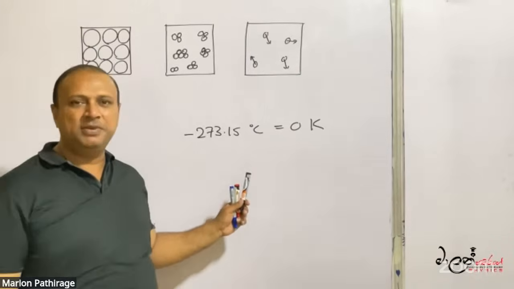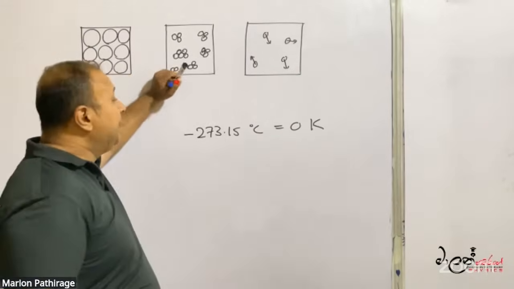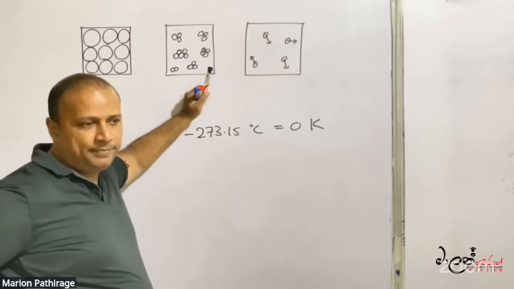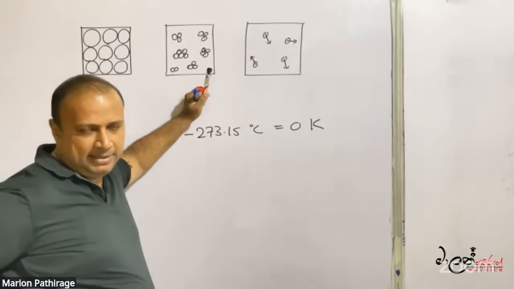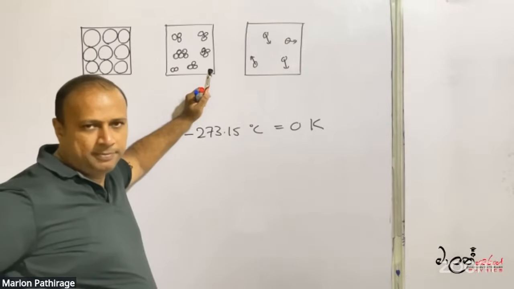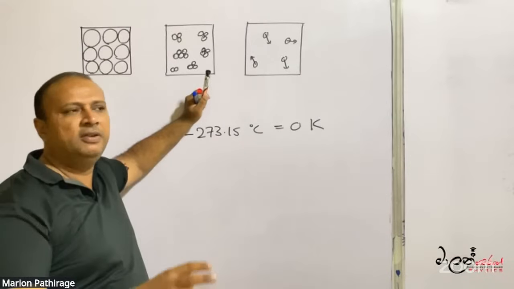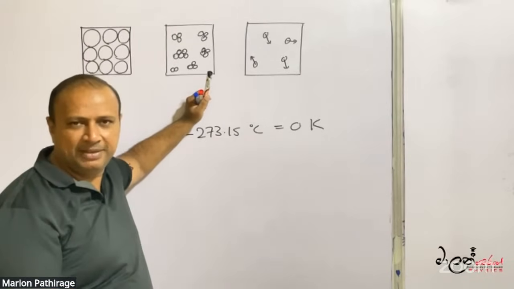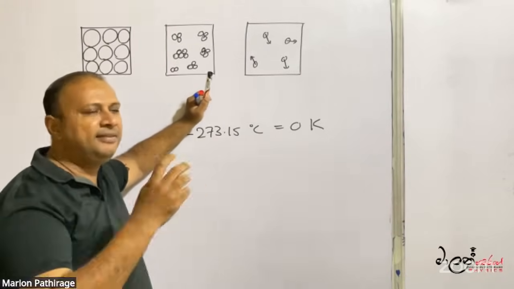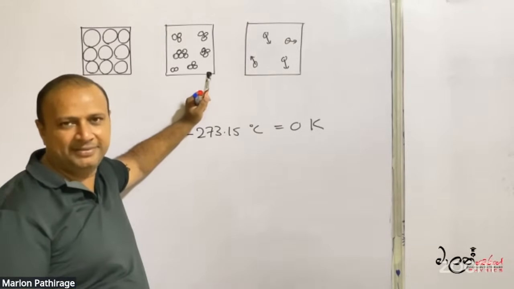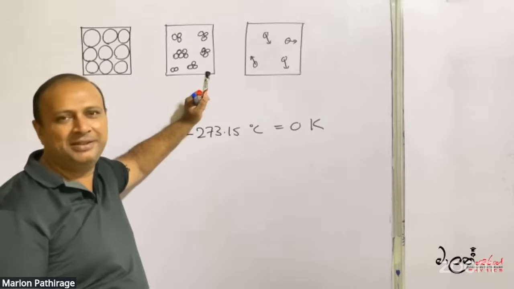Actually, at absolute zero, all the particles stop their motions. All the particles will be frozen, which means there is no motion in the particles.